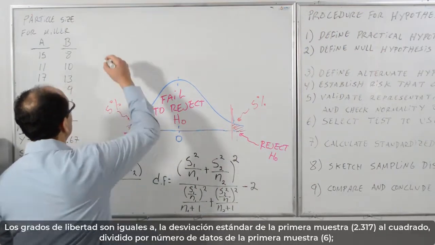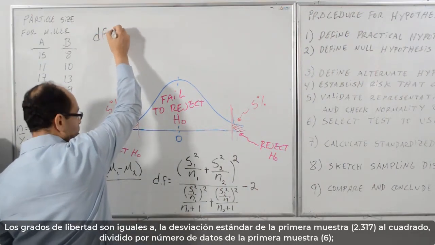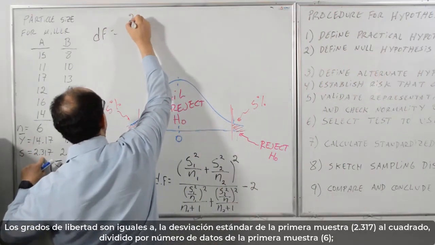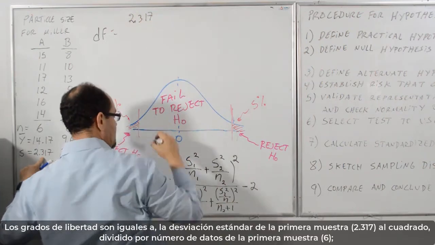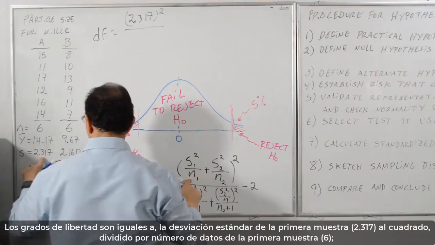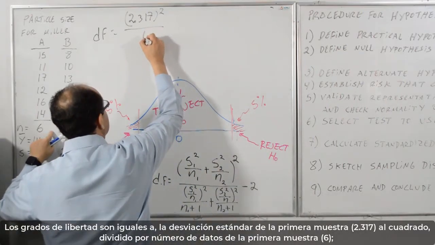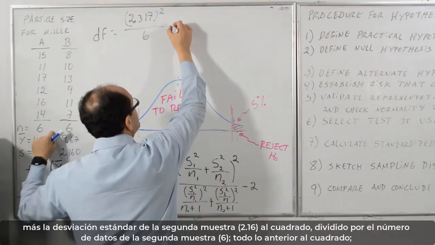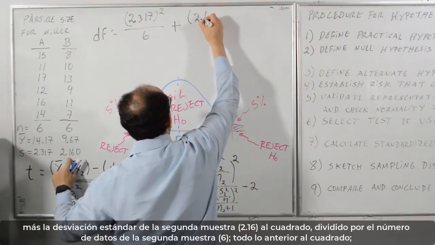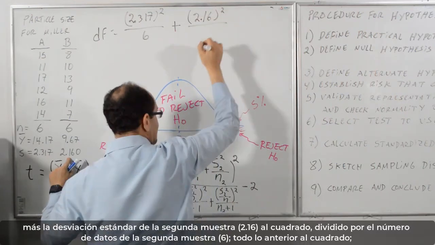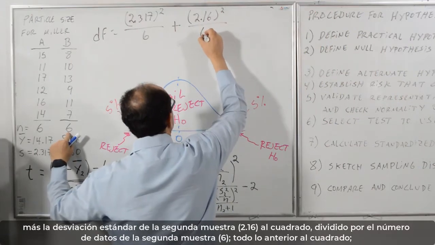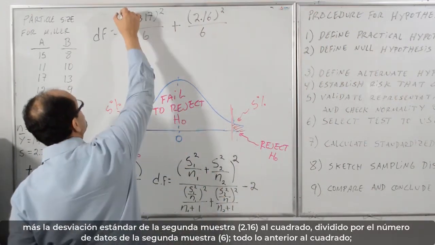The degrees of freedom is equal to the standard deviation of the first sample, 2.317 squared, divided by n of the first sample, which is 6, plus the standard deviation of the second sample, 2.16 squared, divided by n2, n of the second sample, also 6. All of that squared.